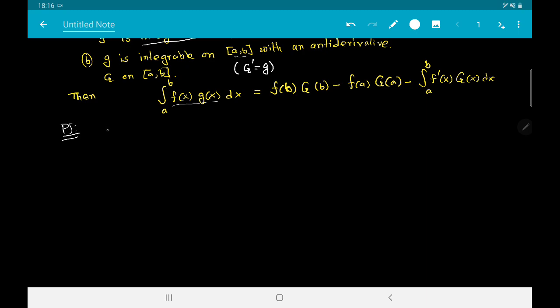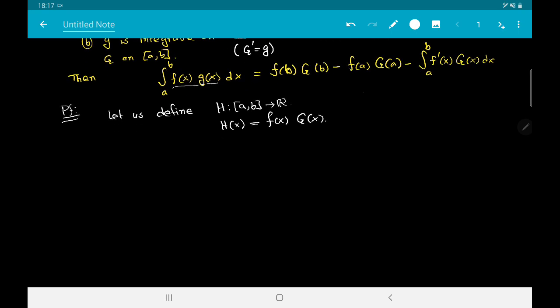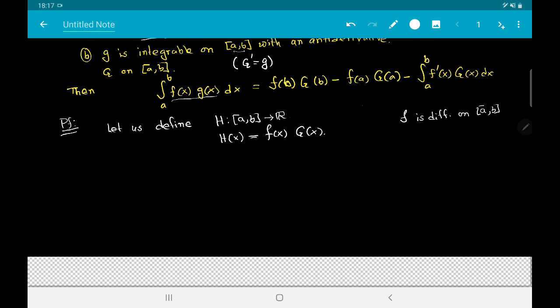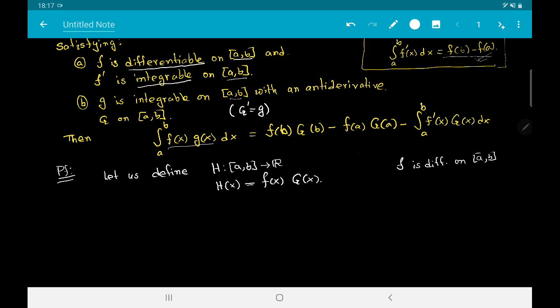So here let us define a function h from ab to R given by h(x) is small f(x) times big G(x). So what can we say about h(x)? We know that f is differentiable on ab, and we also know that big G is an antiderivative.